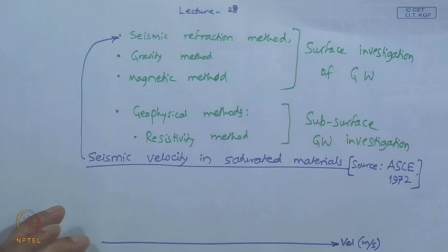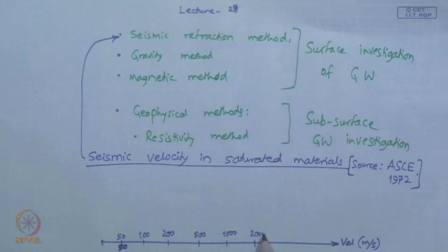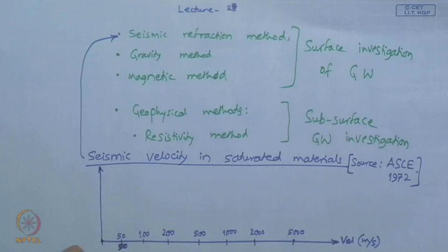I am sorry, it is on a logarithmic scale: 50, 100, 200, 500, followed by 1000, 2000, then 5000, and this is the horizontal scale, and on the vertical scale we represent the different saturated materials.